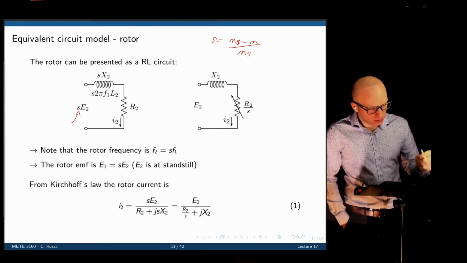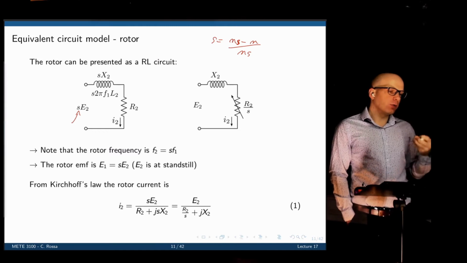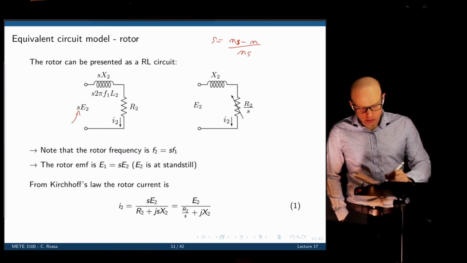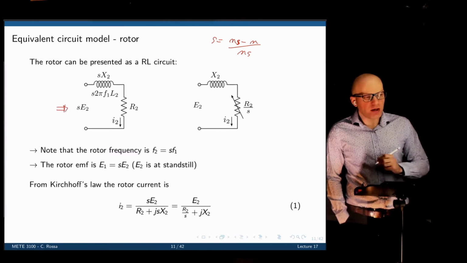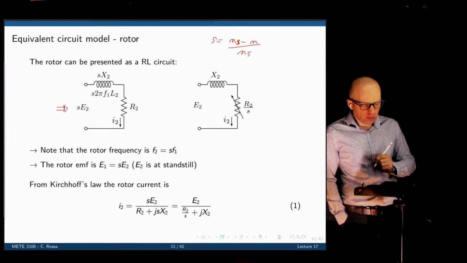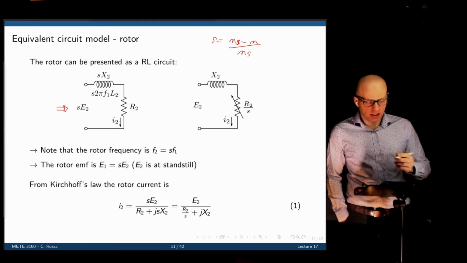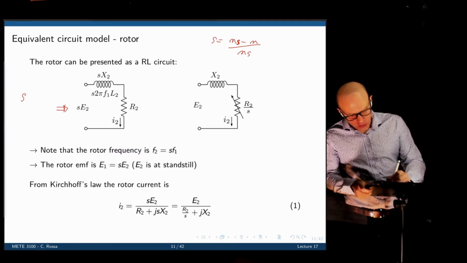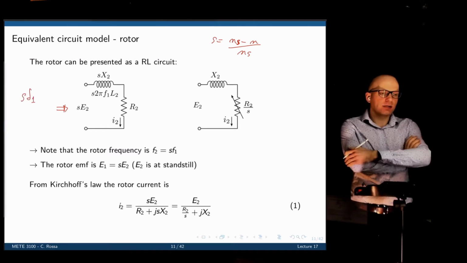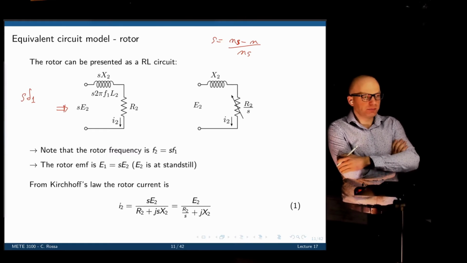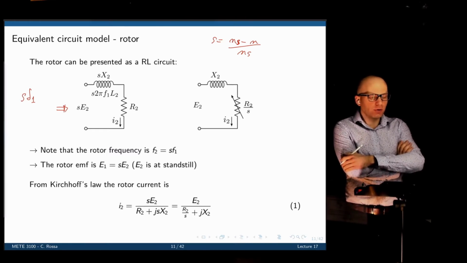This is the frequency at which the rotor sees the change in magnetic field. So it is understandable that this voltage will be induced at that specific frequency, that is S times F. So everything here will run at a frequency S times F1. Everything runs at this frequency.